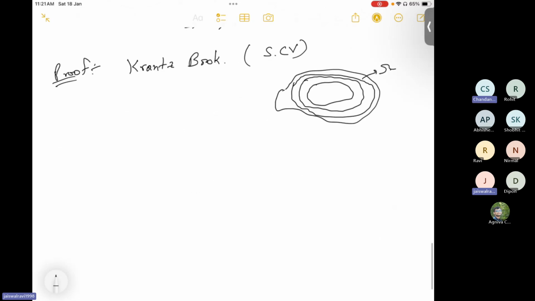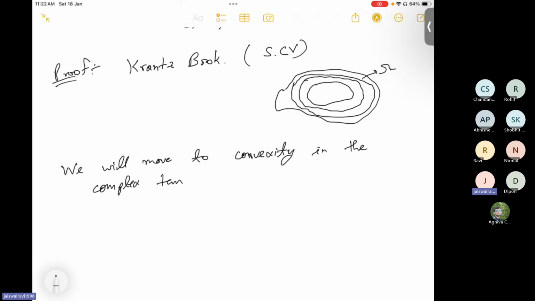So now we will move to convexity in the complex tangential direction.